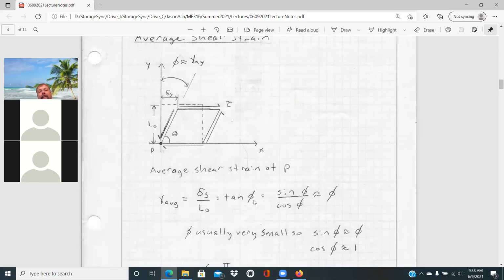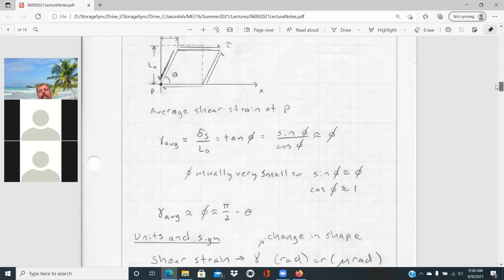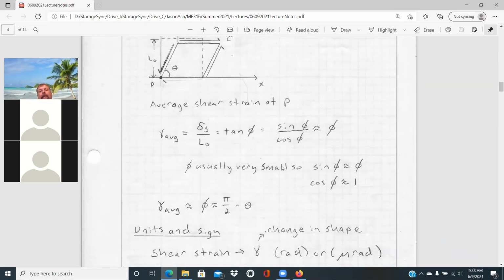And remember, tangent of phi is the same thing as sine of phi over cosine of phi. And then our shearing strains are generally very small, so that when you're dealing with really small angles, sine of a really small angle is approximately equal to that angle. And the cosine of a really small angle is approximately equal to 1. And so that would replace sine of phi with phi and cosine of phi with 1.